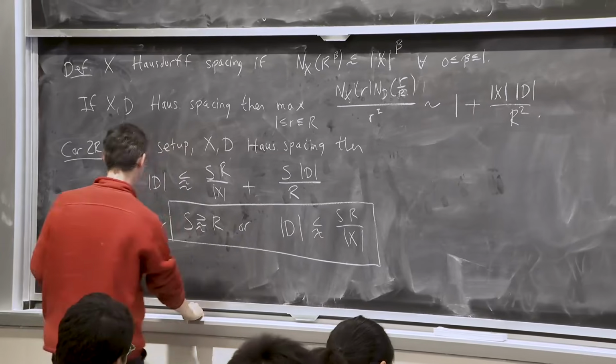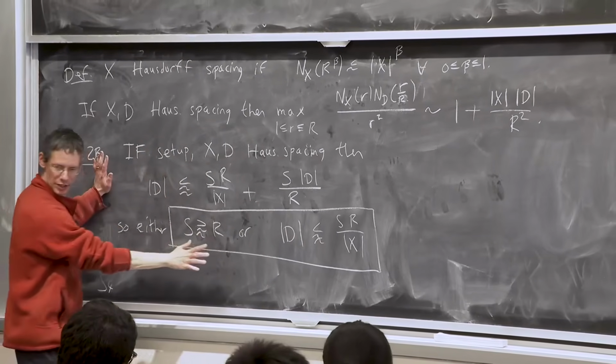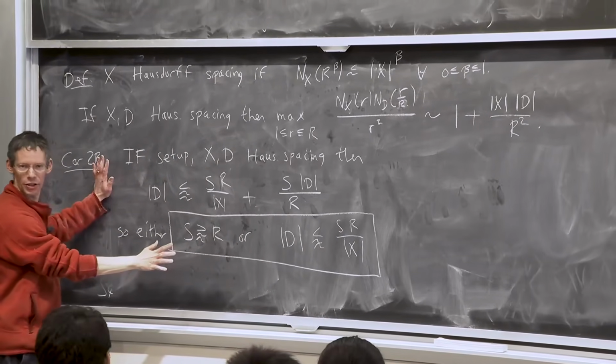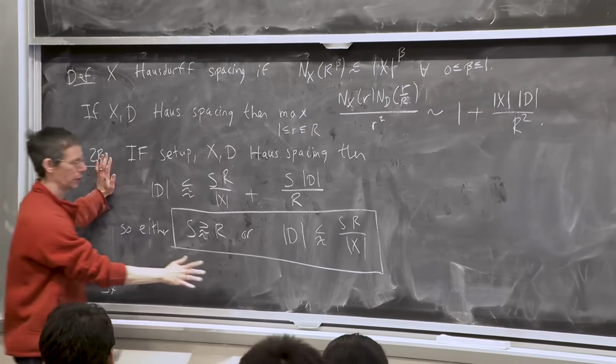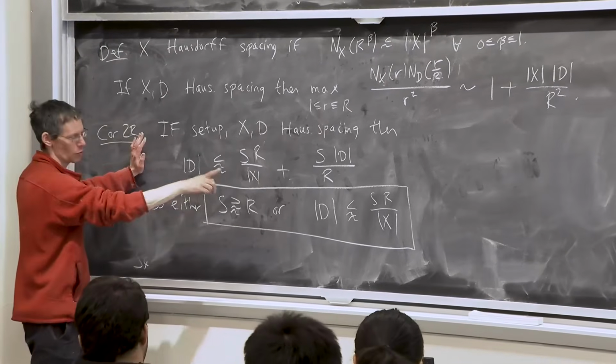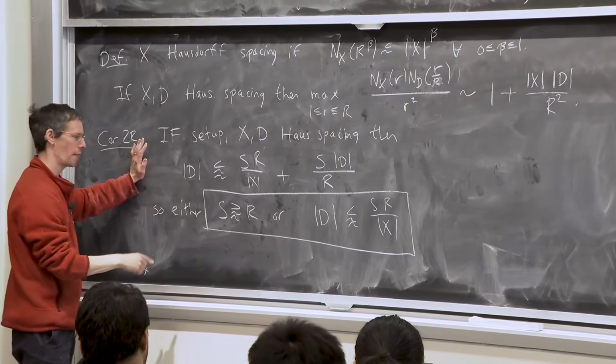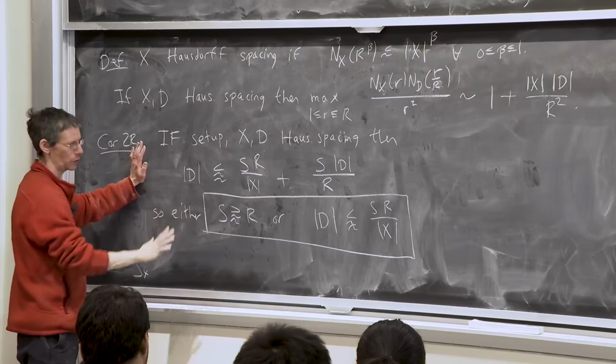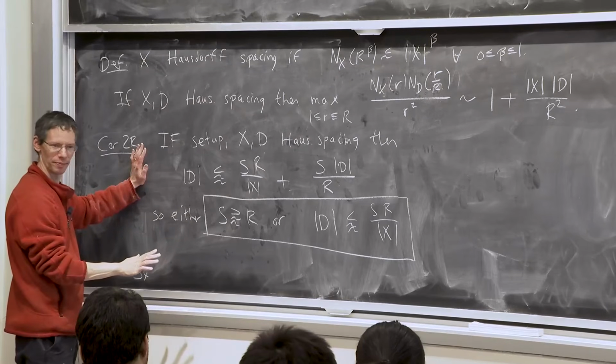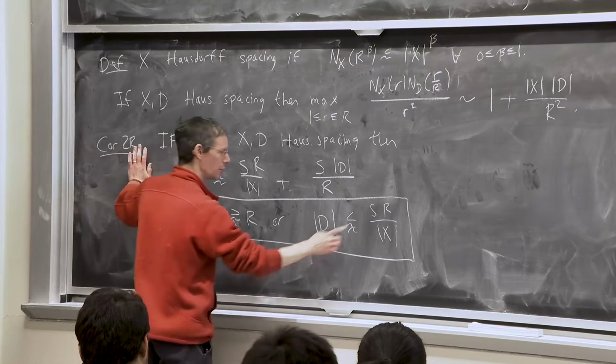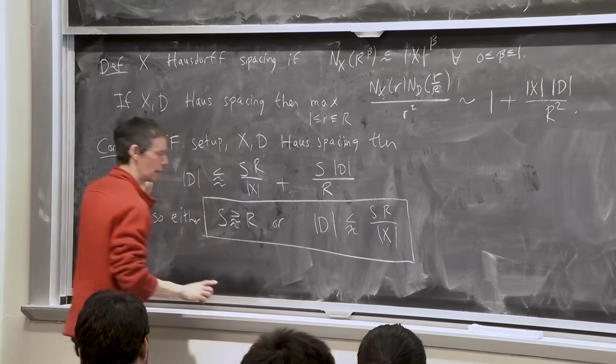OK. So this relatively clean estimate exactly matches our theorem 2 in finite fields. I won't write it down, but the numerology is the same. And it's a little nicer to look at. It still takes some digesting. And this is sharp in some cases.